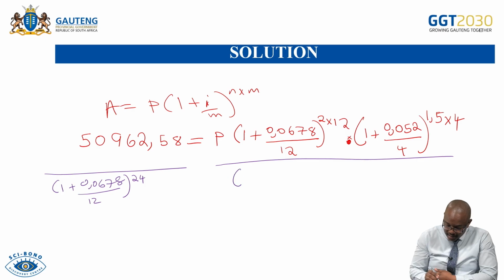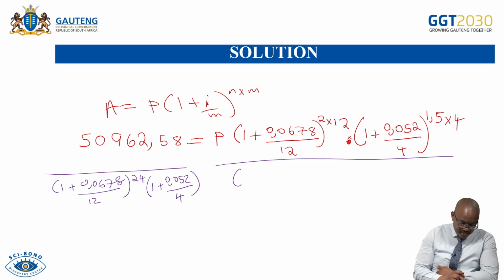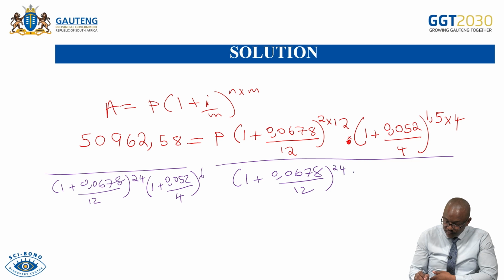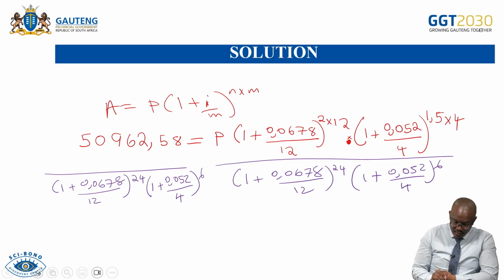Then this side also multiplied by 1 plus 0.052 divided by 4. So if you say 1.5 multiplied by 4, you are going to get 6. So that's what you will be dividing both sides by. Correct? It's 24 and 6. So now you will see that this interest here will cancel that one there.